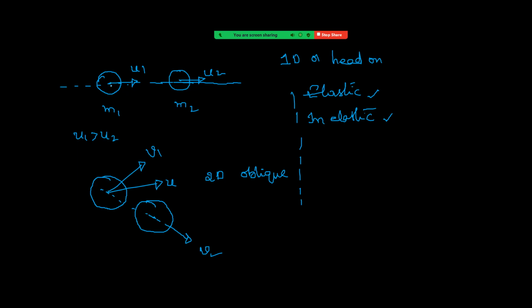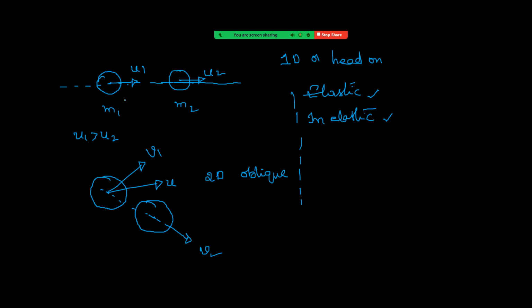Here one important property is, if you take two colliding bodies, before collision there is a velocity of approach. See carefully here. In this diagram, u1 must be greater than u2. That means this body is approaching the first body. There is a velocity of approach. In the same way, after collision there will be a velocity of separation.